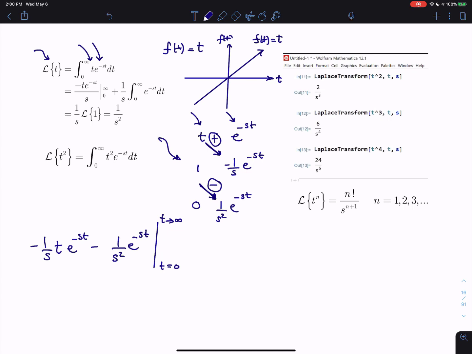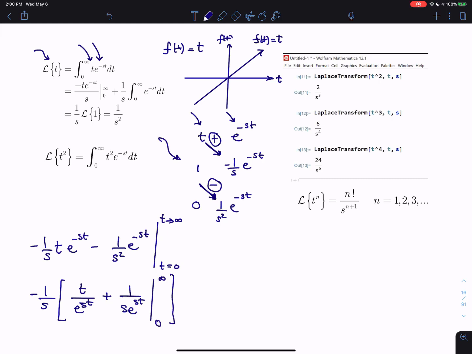Now, I have a minus 1 over s I can pull out. So I pull that out. So here I'm left with t divided by e to the positive st. And then plus 1 over s e to the st. And that ranges from 0 to infinity.